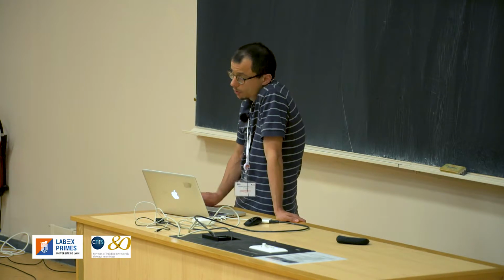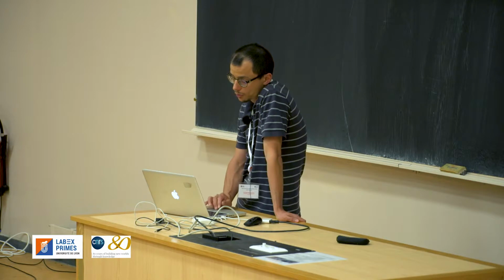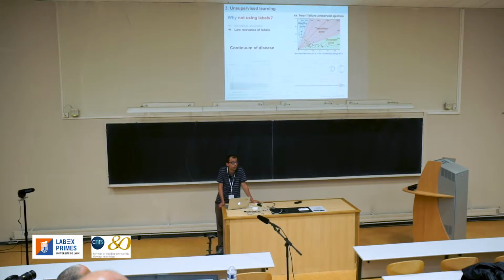As an example, we had a clinician from Cardiff who came to us and said, I want to study this syndrome, which is heart failure with preserved ejection fraction. Basically, these are patients that have symptoms of heart failure, but still a normal ejection fraction. And the labels that are used in the clinic are just categorizing this, while it's actually, as I said before, a continuum.